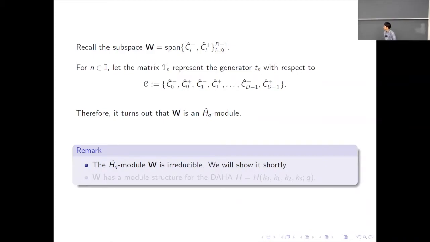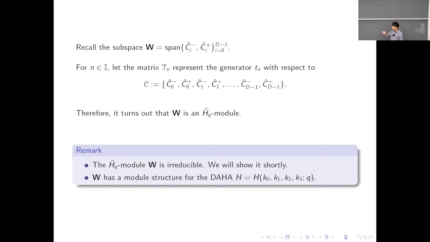Here are some remarks. This HQ hat module W is actually irreducible. We will show it shortly. This W also has a module structure for the ordinary DAHA H. Let me briefly explain why. Because HQ hat is a central extension of H, there is a surjective algebra homomorphism from HQ hat to H, whose kernel is contained in the center of HQ hat.